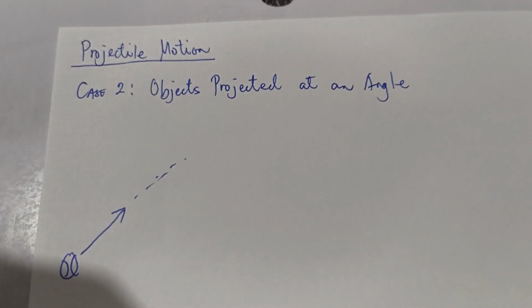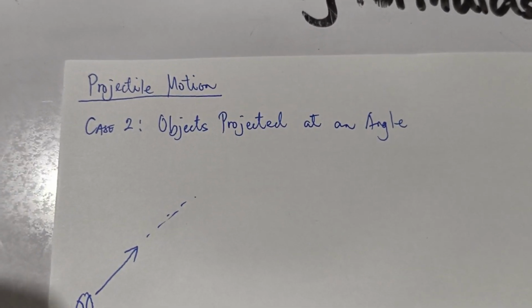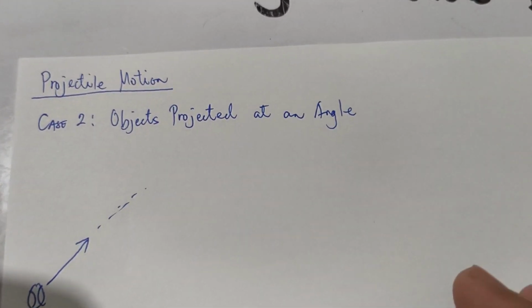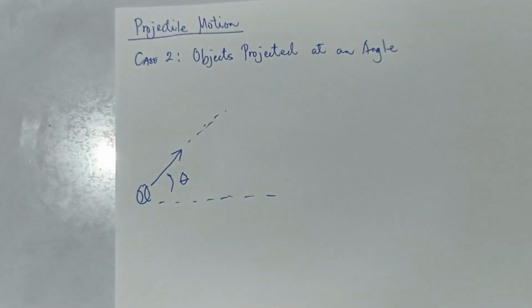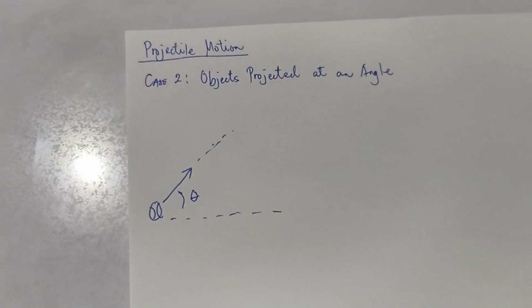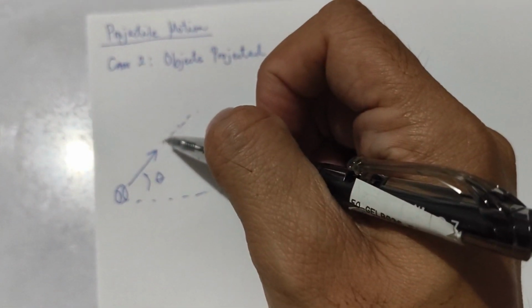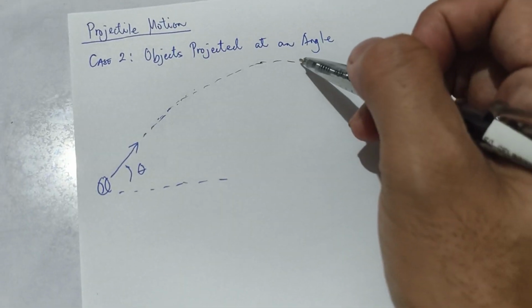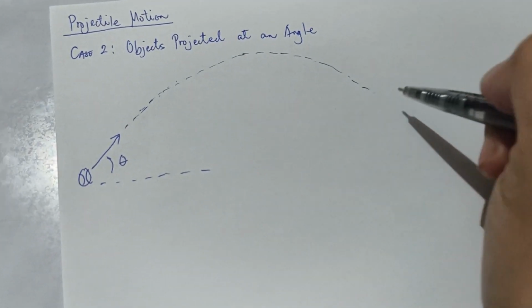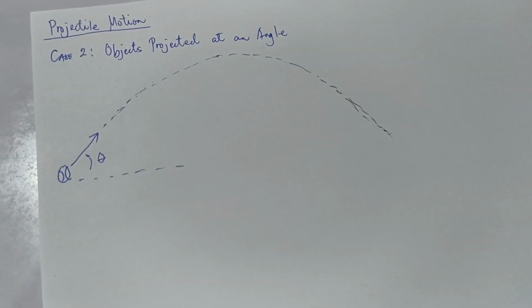Now let's proceed to case 2 of projectile motion, wherein in this case, the object is projected at a certain angle. Say for example, the ball is projected at a certain angle, theta, from the horizontal. So this is the horizontal. Of course, the object will move in a parabolic path before it goes back to the same level.